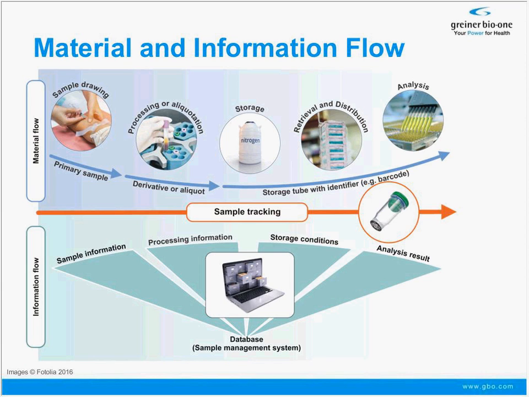In order to address better why this can be a challenge, I wanted to explain briefly what the material and information flow in biobanking are. So the material flow is shown in this chart in the upper part of the picture. It starts with sample drawing. So we have a primary sample, which can be blood, urine, saliva or tissue.